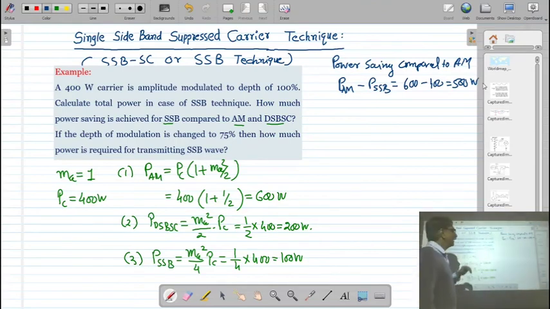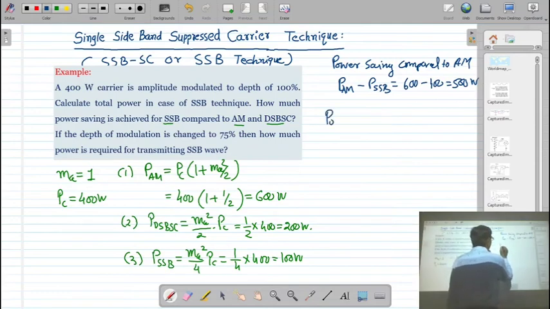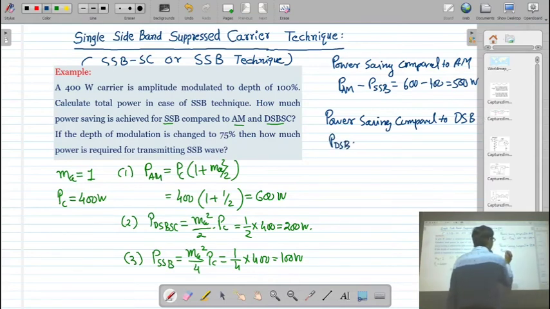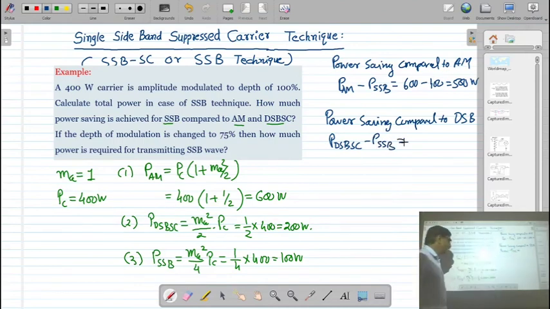Then power saving compared to DSBSC. So P DSBSC minus PSSB. So what is the power of this?